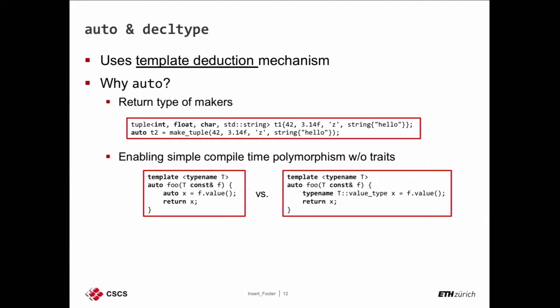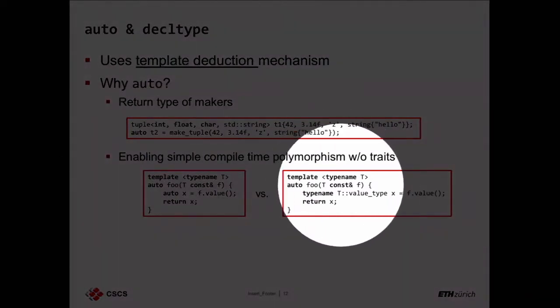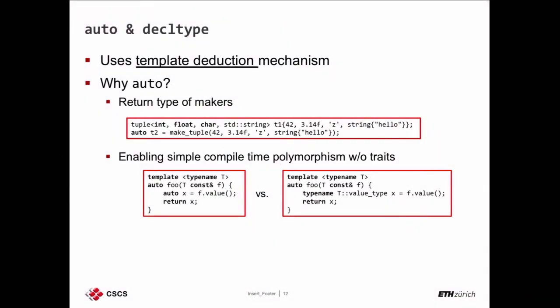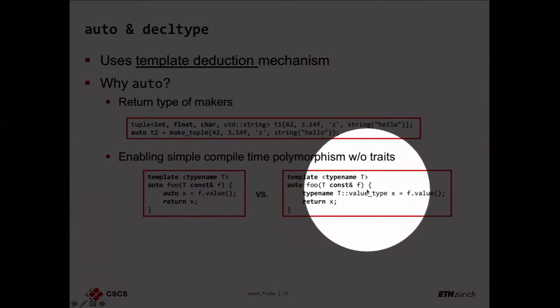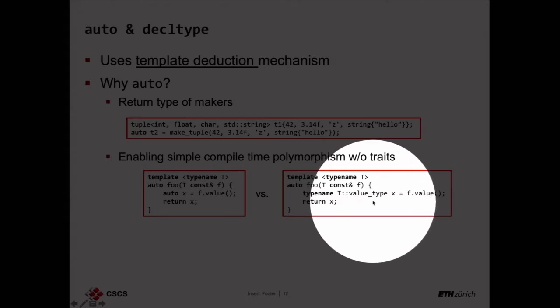We will see an example of this. It's basically the class T will have a typedef inside that defines value_type as, I don't know, int, whatever. And then T::value_type will be identical to int in this case.